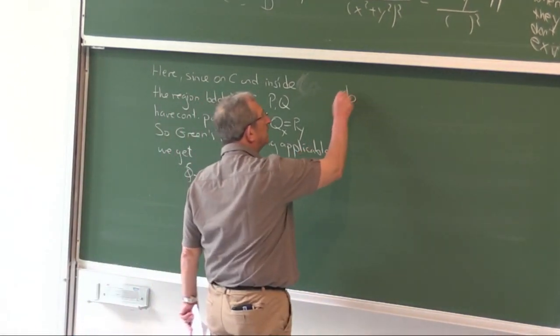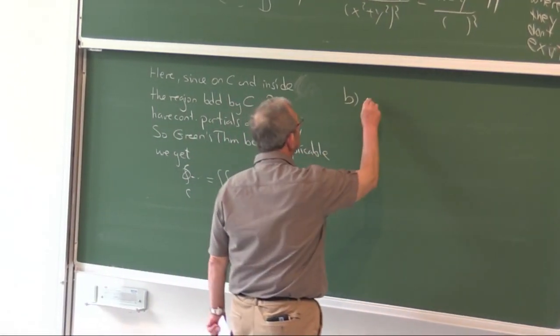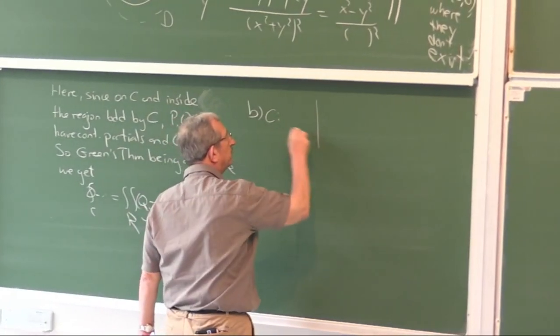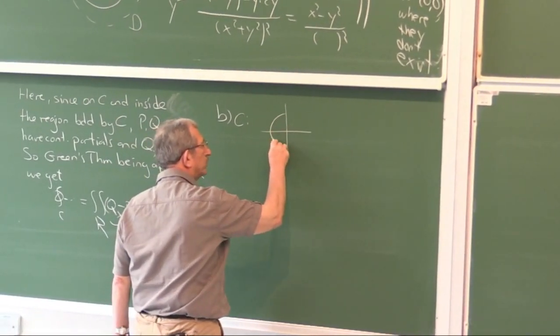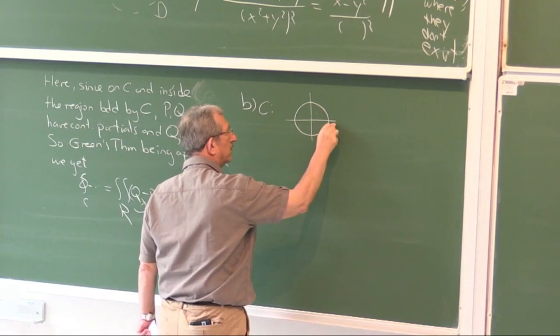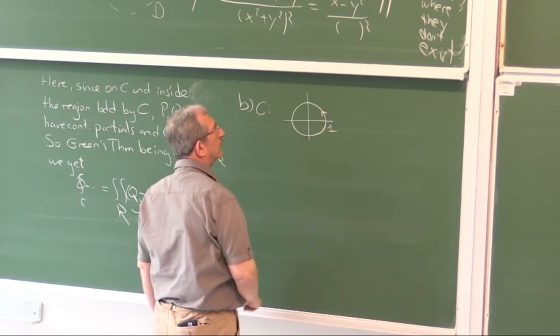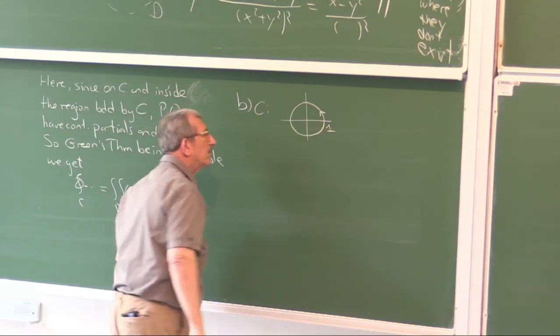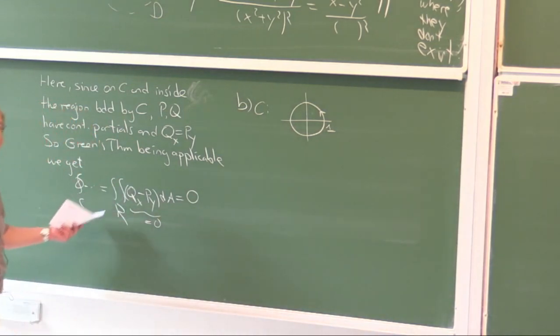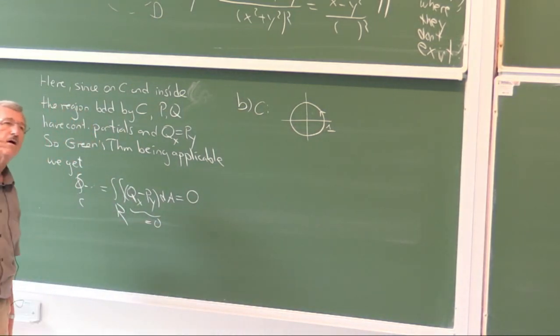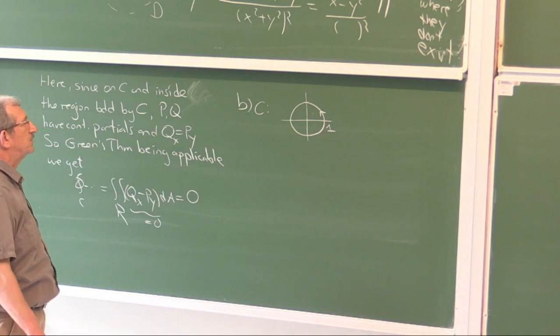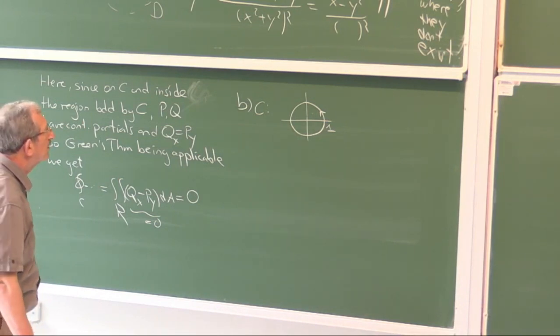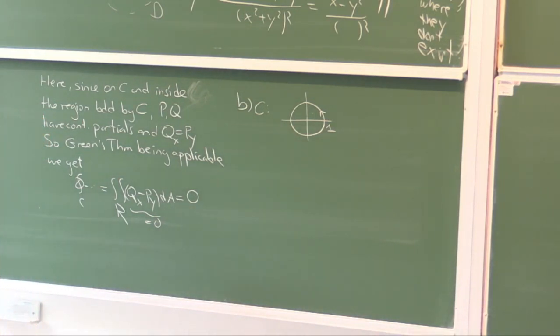Now, as the B part, this time, let C be the unit circle, counterclockwise oriented. So it's a nice smooth curve, it's simple, it satisfies the properties of Green's theorem.